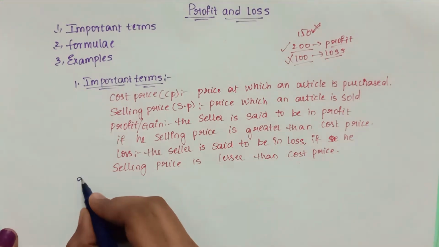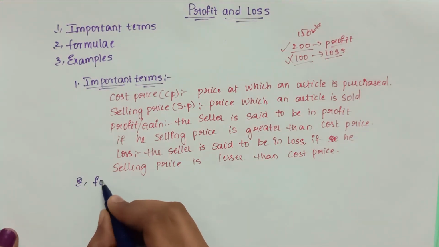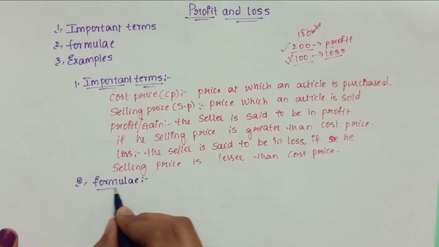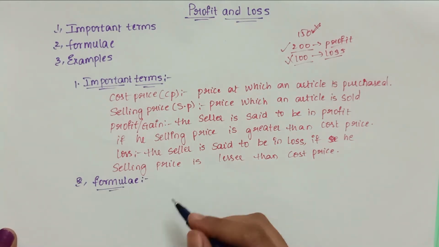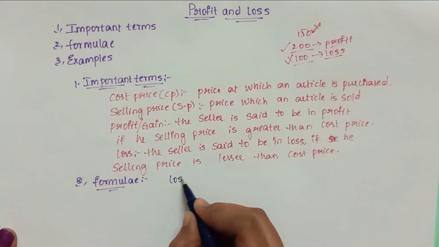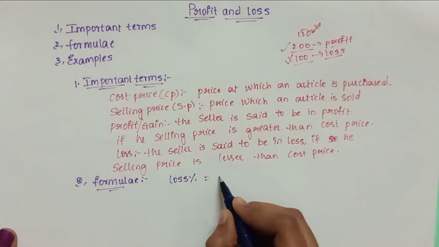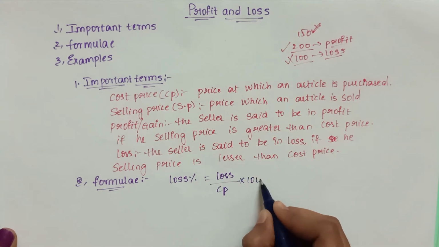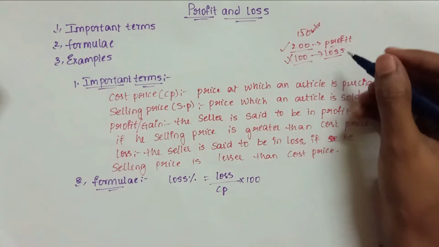Next topic, formulae. These are very important, easy to learn. Loss percent is equal to loss by CP into 100. How can we find loss?